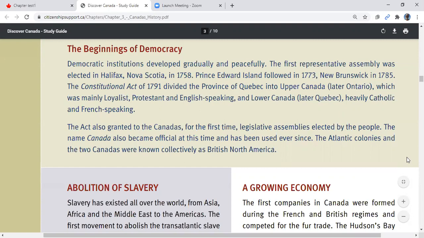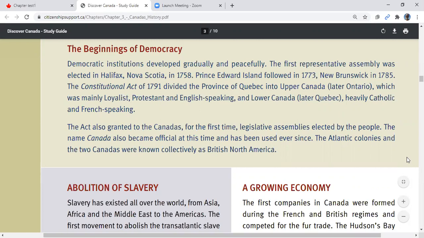The very first representative assembly, that means the very first government that the people voted for, was in Halifax, Nova Scotia in 1758. That's often a question. And then Prince Edward Island in 1773, New Brunswick 1785.